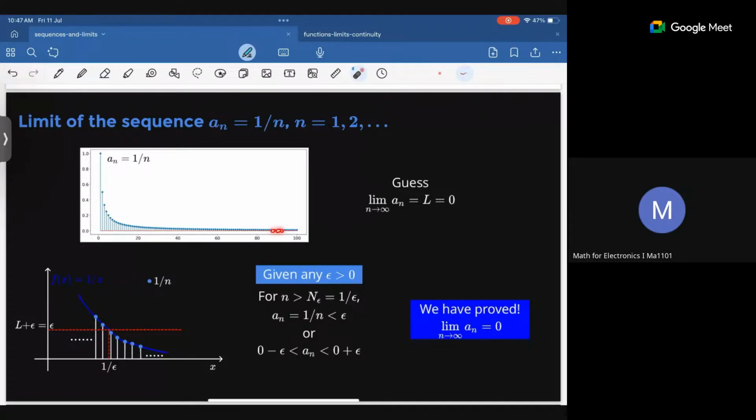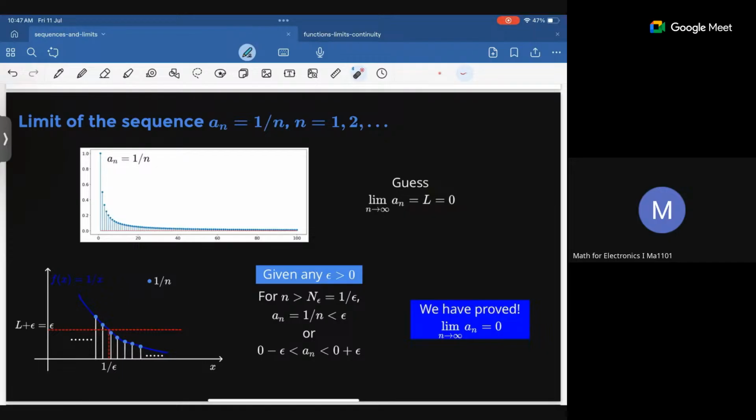So there is no stem at all to any value, right? If I take 10,000 or some number, it's almost 0. So all the points will lie on the x-axis, which is nothing but, as n tends to infinity, an will go to 0. So L will become 0.